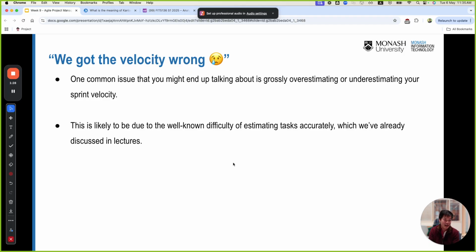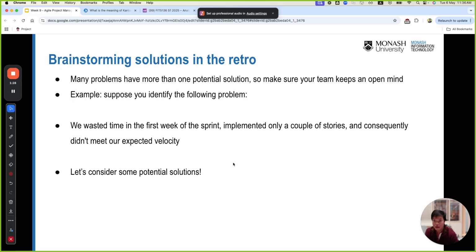So that's the underestimated velocity. It means that within a week, you cannot progress on anything. That's a wrong estimation. That's a long task breakdown. You didn't break down the task into something small enough to implement and complete in a day.